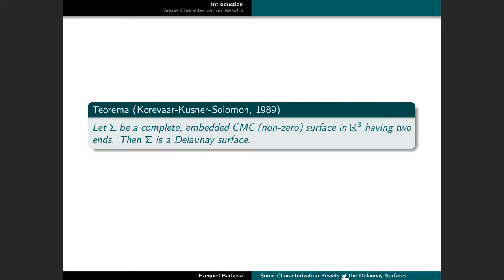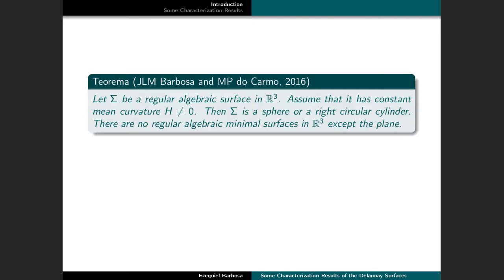So let me present one more result, proved more recently by Barbosa and do Carmo. Barbosa and do Carmo proved that the regular algebraic CMC surfaces in R3 are actually just spheres, right circular cylinders, and planes.